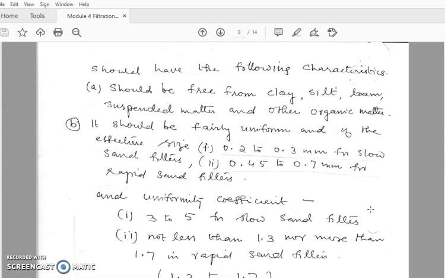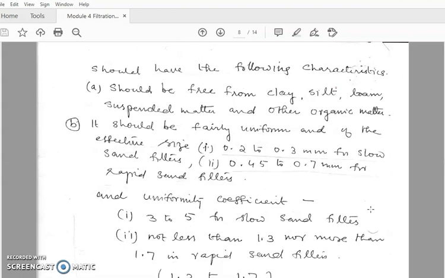Effective size is the D10, that is, 10% of the particles will pass through a 0.2 to 0.3 mm size sieve. That is the effective size. For rapid sand filters, it should be 0.45 to 0.7 mm, which is a larger size than for the slow sand filters.